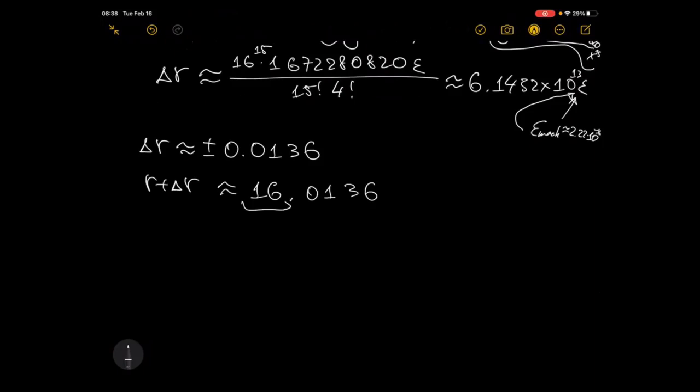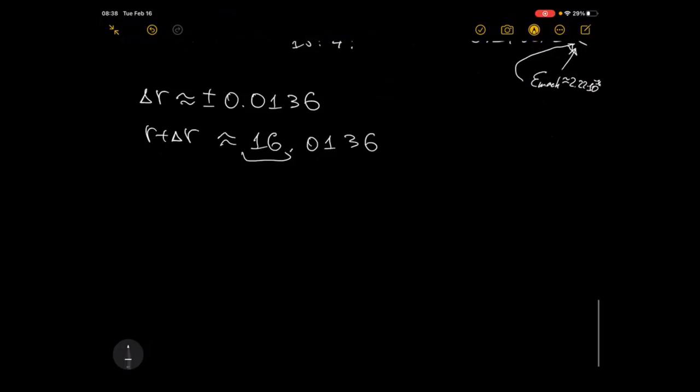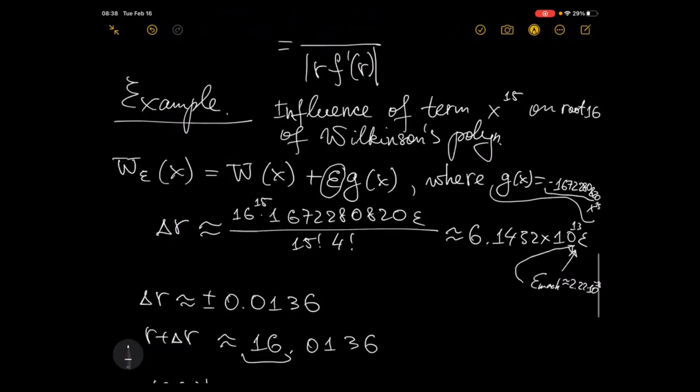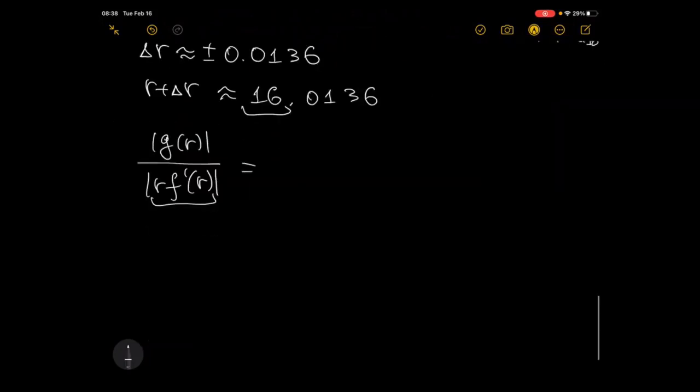So let us try to figure out the error magnification factor. It will be the magnitude of G of R divided by R F prime of R. If you substitute here G of R and the value which we evaluated here, you will get approximately 3.8 times 10 to the 12th.